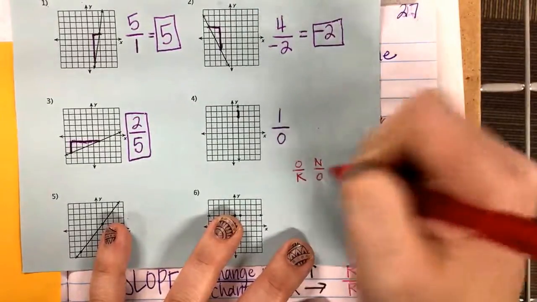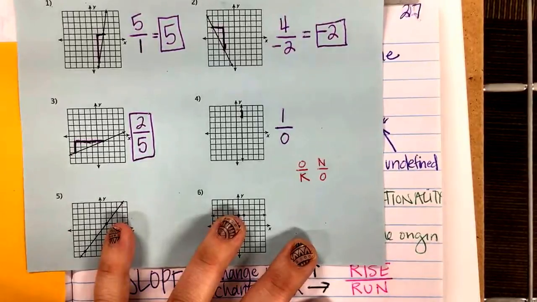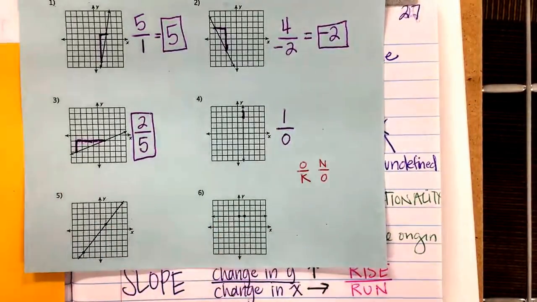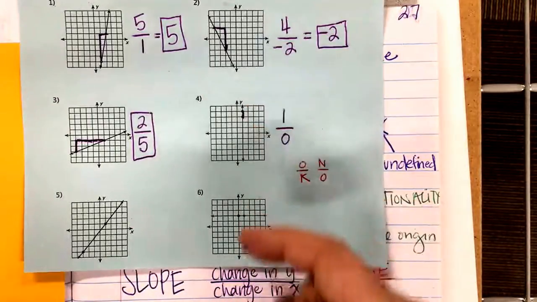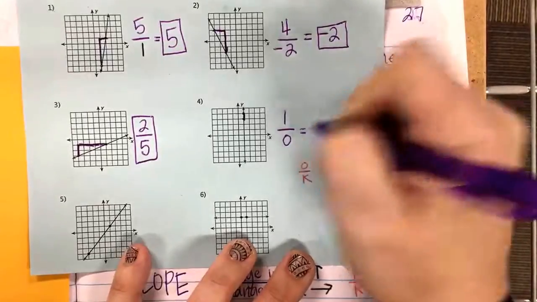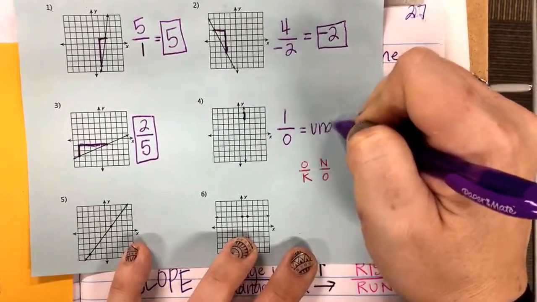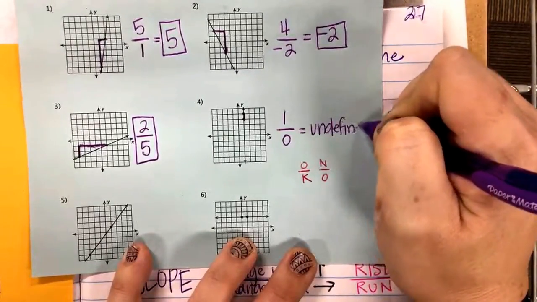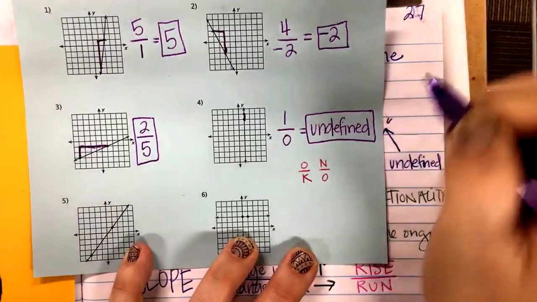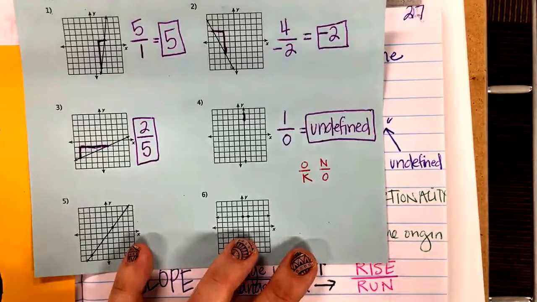But no way can 0 be on the denominator of a fraction. If you have 0 in the denominator, it does not exist. This is a vertical line. What is this called? It's undefined. It does not exist.